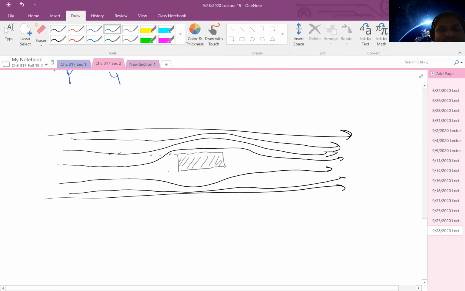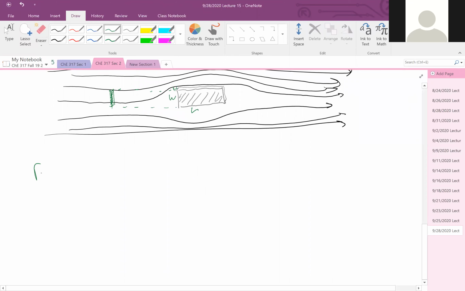My projected area would be simply that, where if this was the length, this the width, and we also had a height, what do you feel the projected area for this one would be? Width times height. Very good.